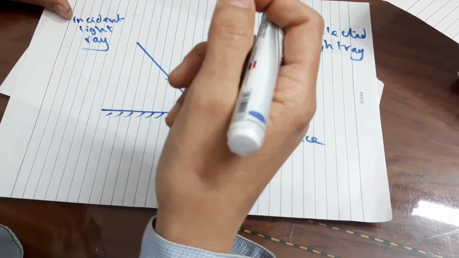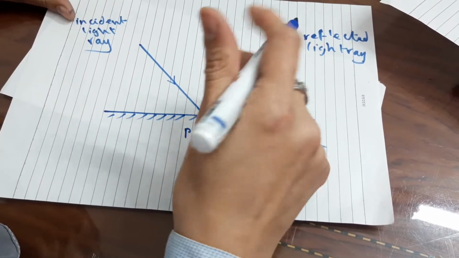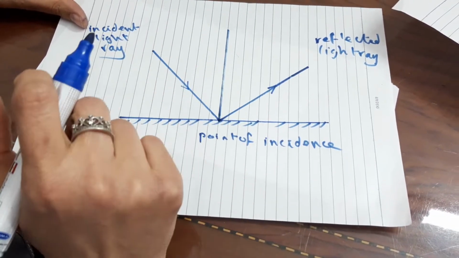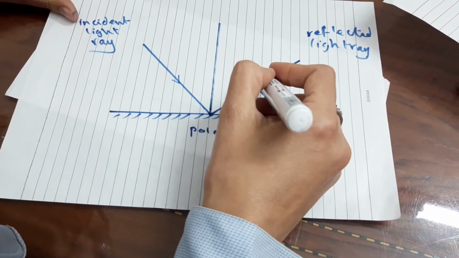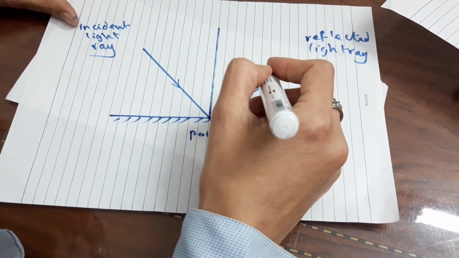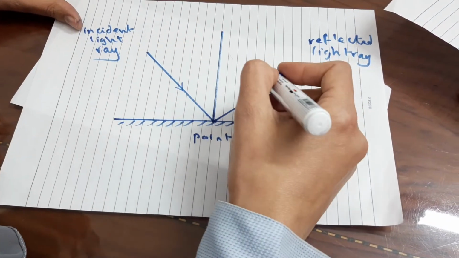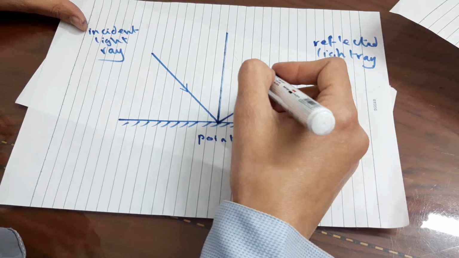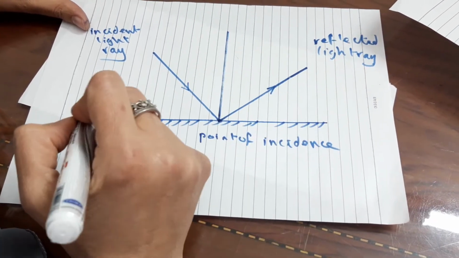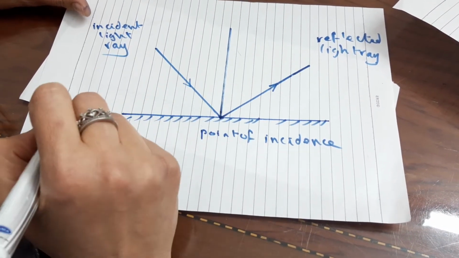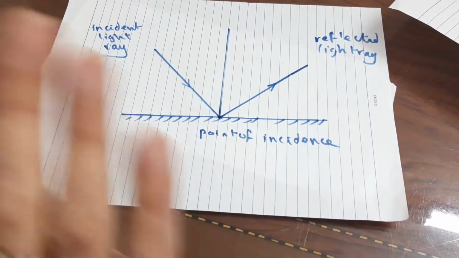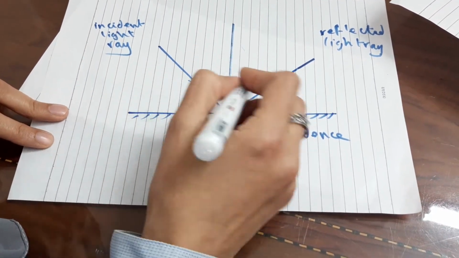Narrow means that its diameter is small and it is represented by a straight line. All of us know that light travels in a straight line, so this reflected light ray is represented by a straight line such as the incident light ray. And it is the light ray which comes from the reflecting surface from the point of incidence. Okay, there are two angles.